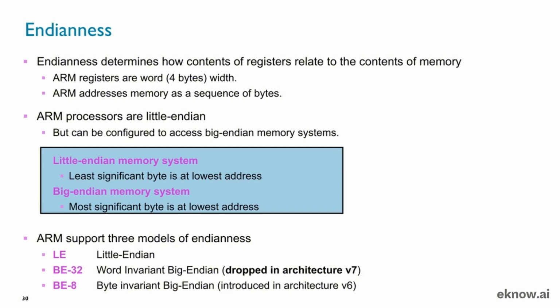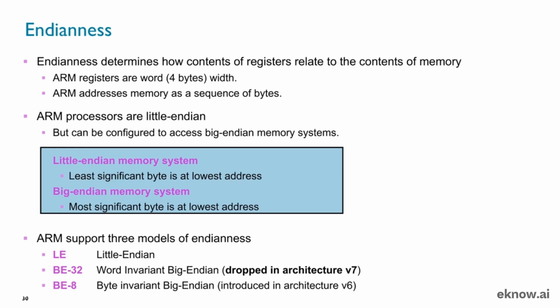If we were to store this number starting at memory address 100, a little-endian system would put 0x78 at address 100, 0x56 at address 101, 0x34 at address 102, and finally, the most significant byte, 0x12, at address 103.